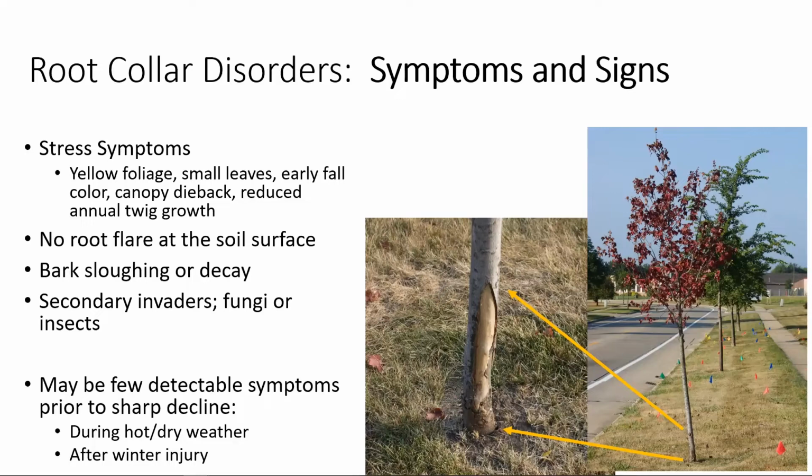So what we see, seemingly to a homeowner, is a perfectly fine tree that all of a sudden, during hot, dry weather, shows sharp decline, leaf drop, and quick fall color. And all of a sudden their tree is in trouble from this. Or even after winter injury over the winter time.